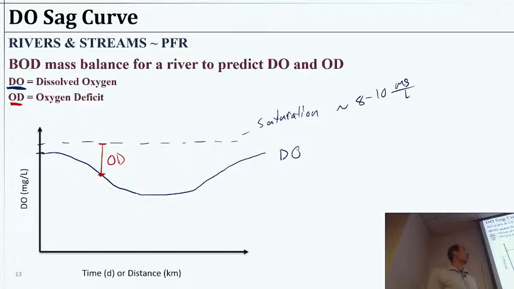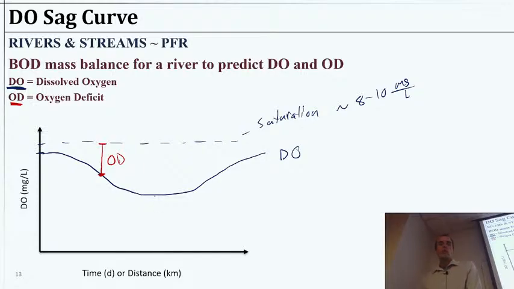And if we take a look at the overall picture here, we will recognize that at some point along this curve, we have some maximum deficit. That gives us a tool to figure out, is it really a problem, or how bad is the problem, and where do we expect that problem to occur?